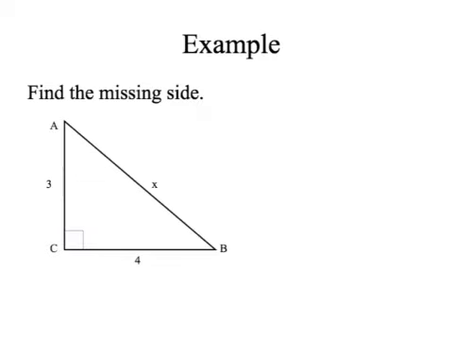So for our first example, let's first identify what our legs and what our hypotenuse are. To find the legs, you want to look for your right angle first, and look for the sides of the right angle.